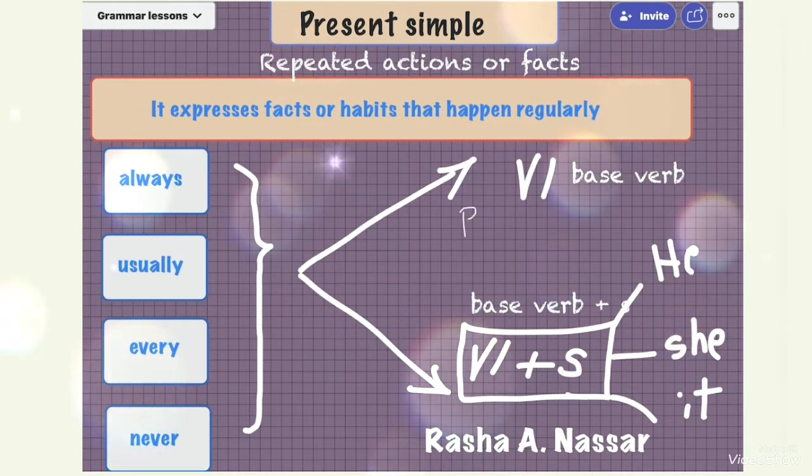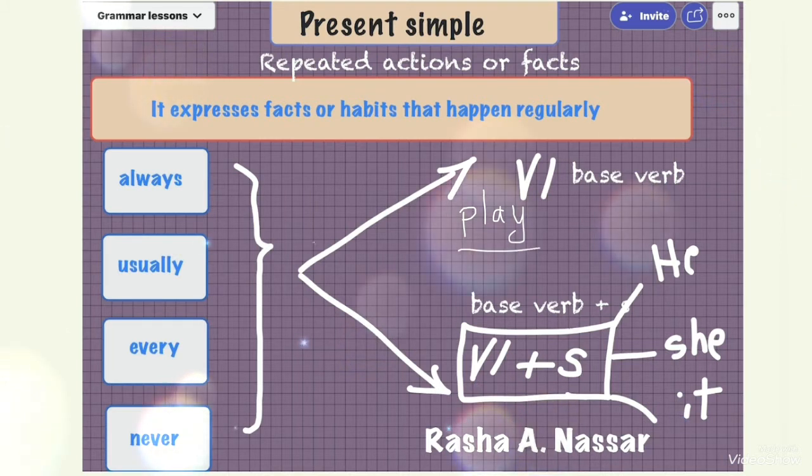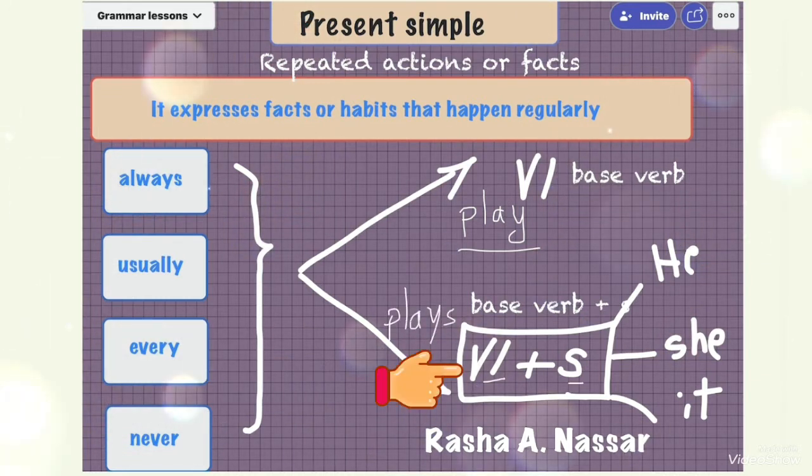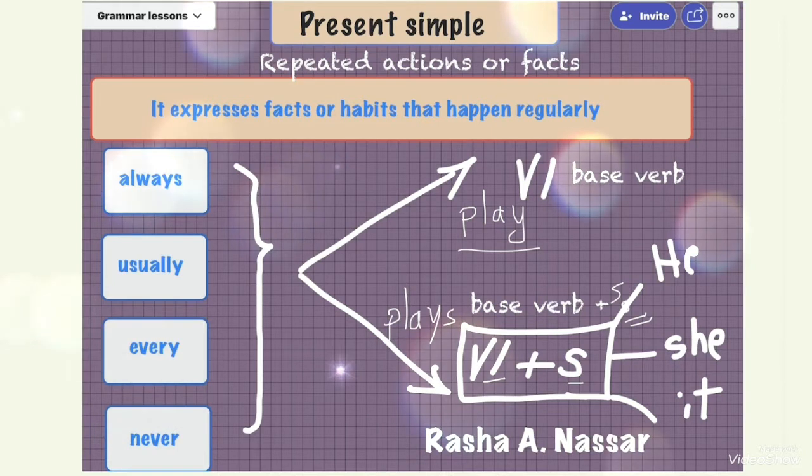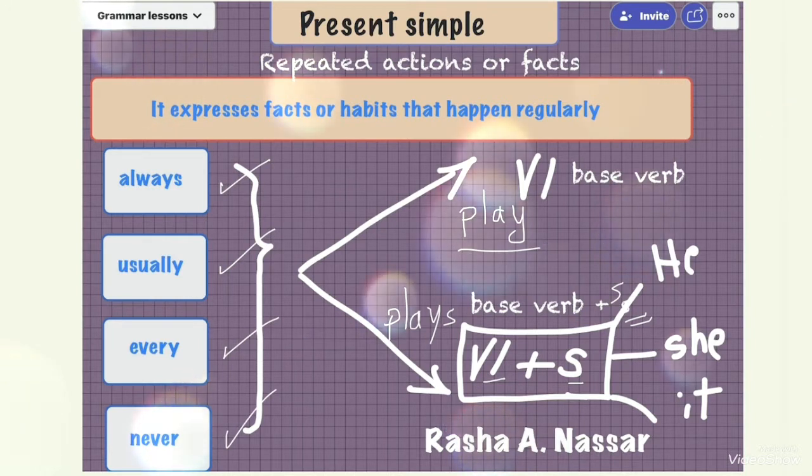For example, if I write the verb play, this is V1, or I will use V1 plus S as plays. So this is the base verb plus S. So if I see always or usually or every or never, I will use V1 or V1 plus S.